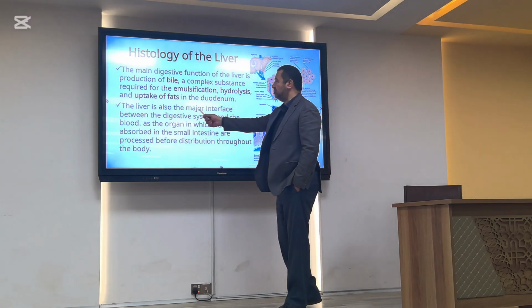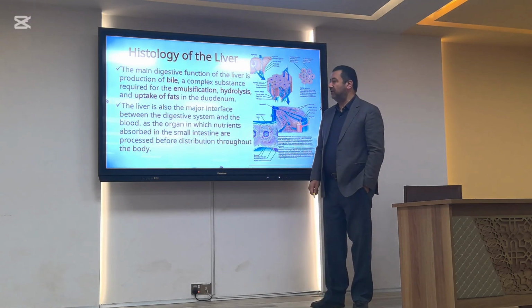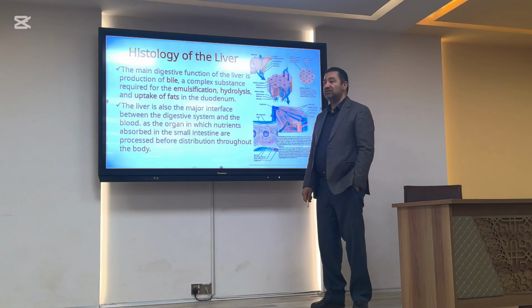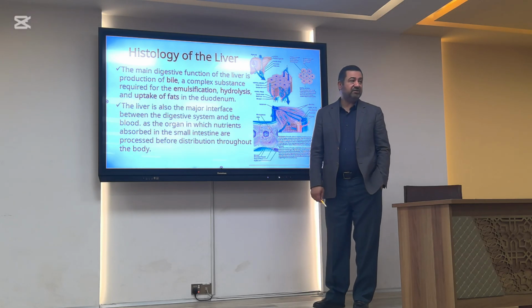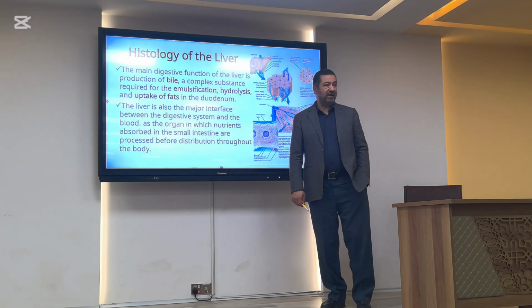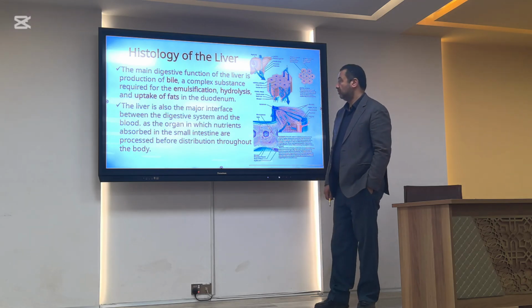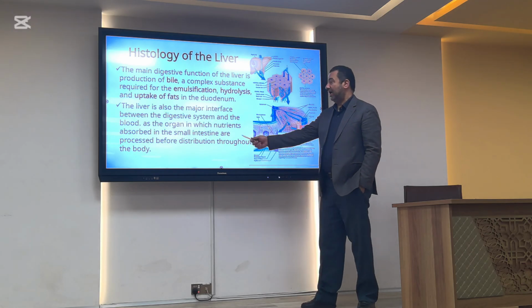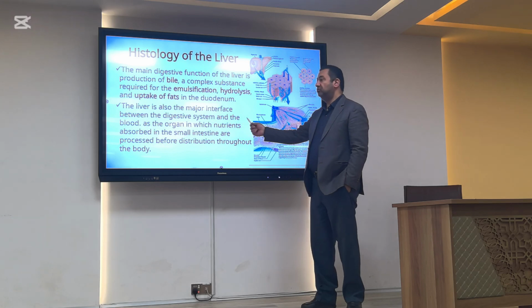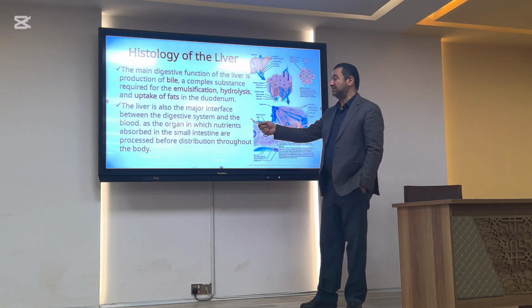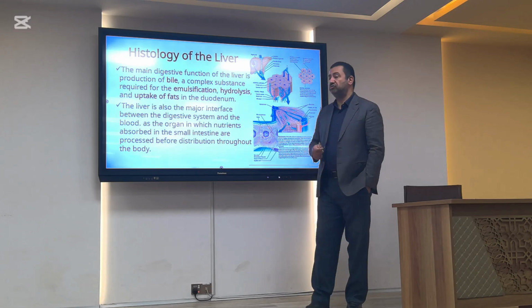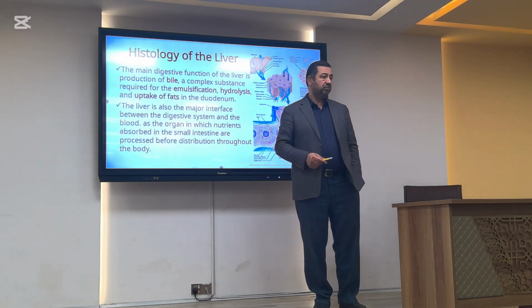The liver is also the major interface between the digestive system and blood, as the organ in which nutrients absorbed in the small intestine are processed before distribution throughout the body.